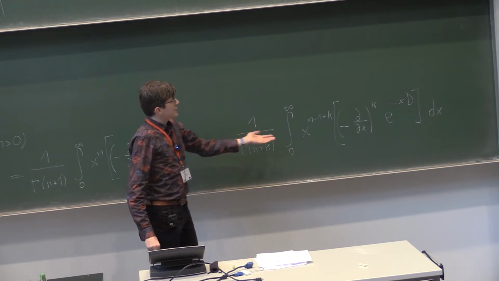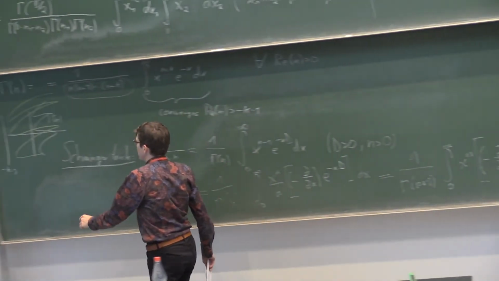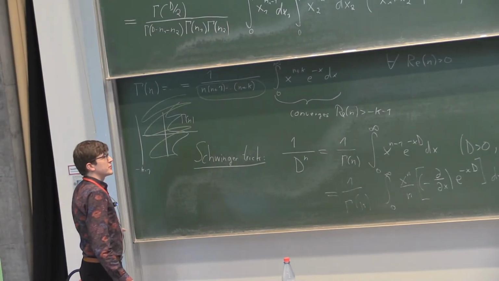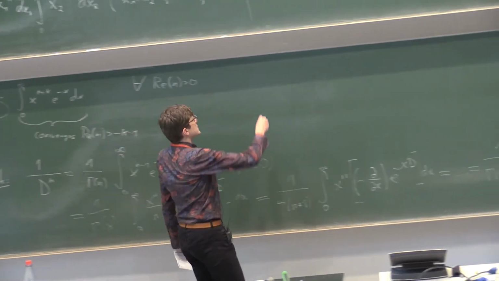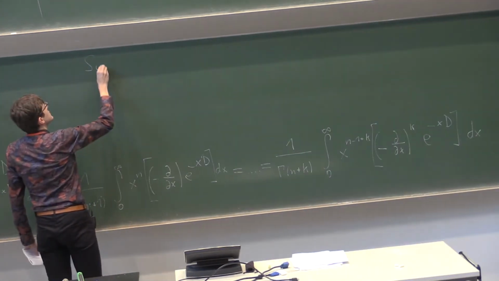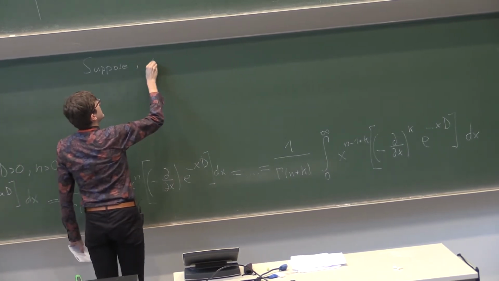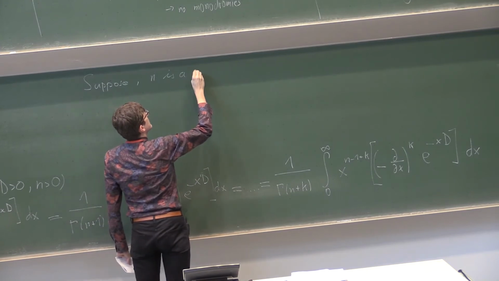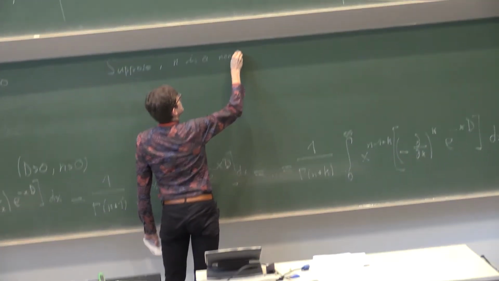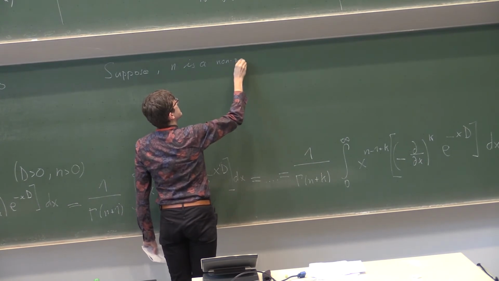And if you have a negative index, you can use this formula. And actually, there's a great simplification which takes place. Suppose n is a non-positive integer.